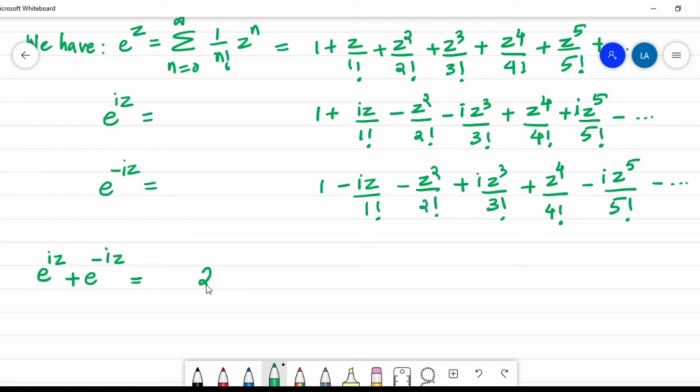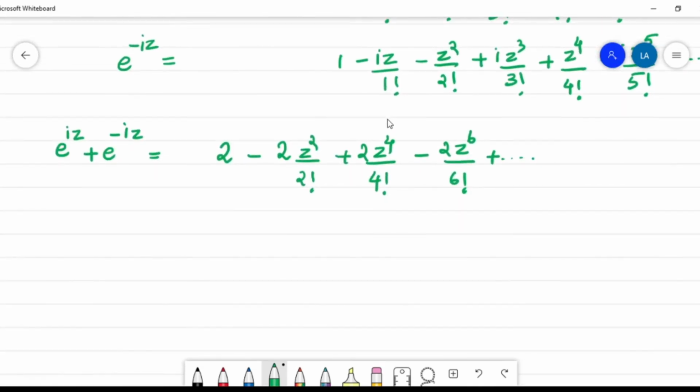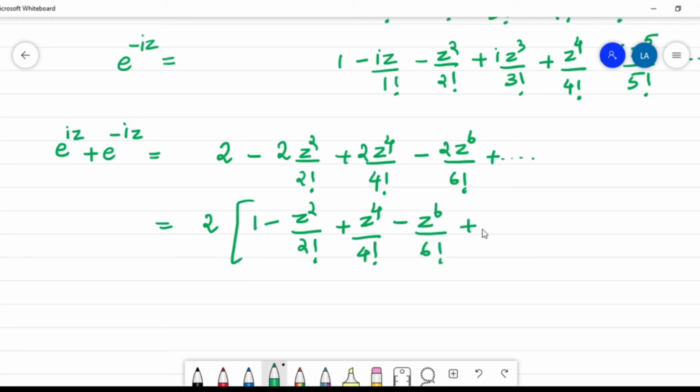So you get 2 minus 2 into z squared by 2 factorial plus 2 into z raised to 4 by 4 factorial minus 2 into z raised to 6 by 6 factorial plus etcetera. When 2 is taken out, you get 1 minus z squared by 2 factorial plus z raised to 4 by 4 factorial minus z raised to 6 by 6 factorial plus etcetera.